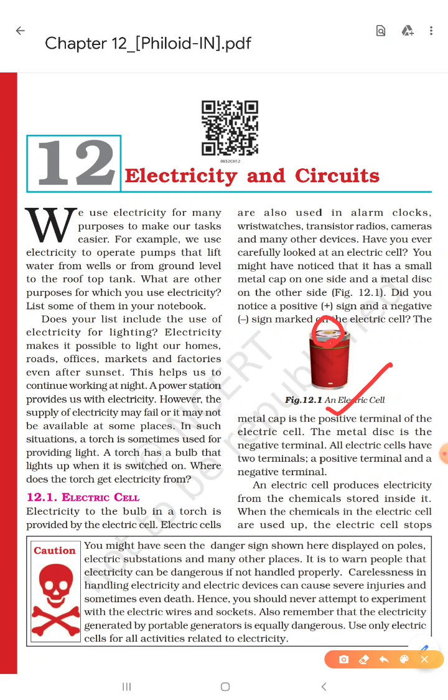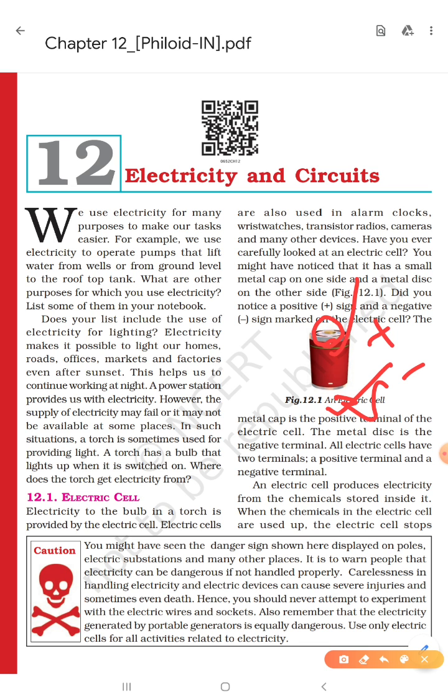and a metal disc on the other side. There is a metal cap and a metal disc. And definitely you have noticed there are two signs, positive and negative. The metal cap is the positive terminal of the electric cell. If there is no positive or negative sign on an electric cell, you can identify it like this.